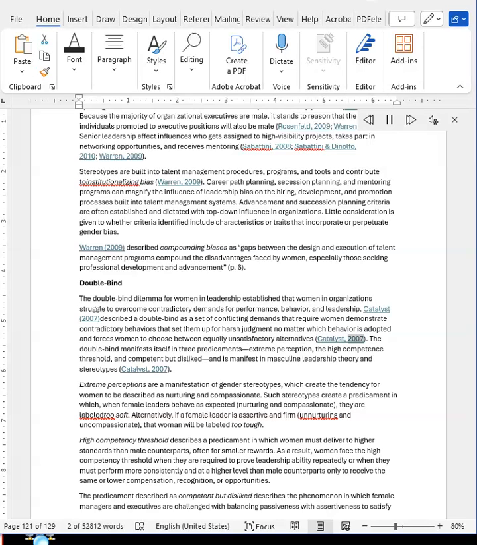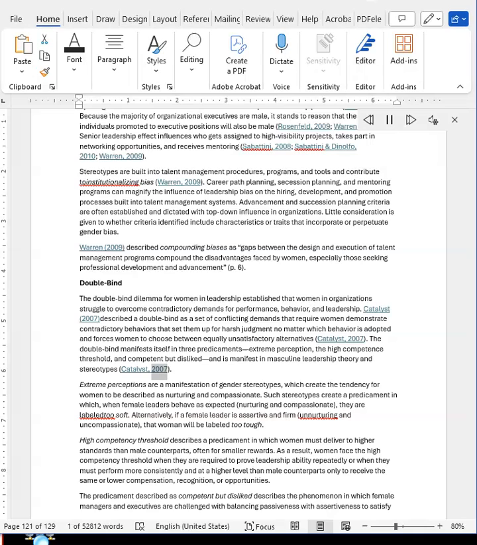Catalyst, 2007. The double-bind manifests itself in three predicaments: extreme perception, the high competence threshold, and competent but disliked, and is manifest in masculine leadership theory and stereotypes.